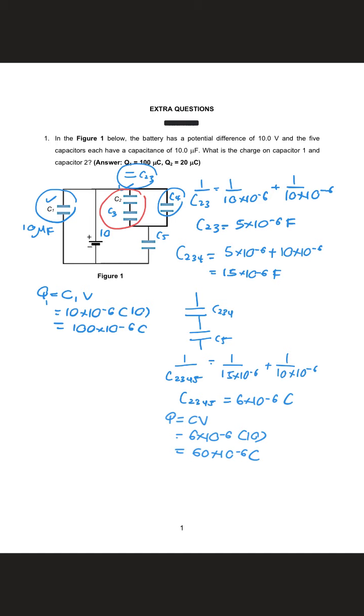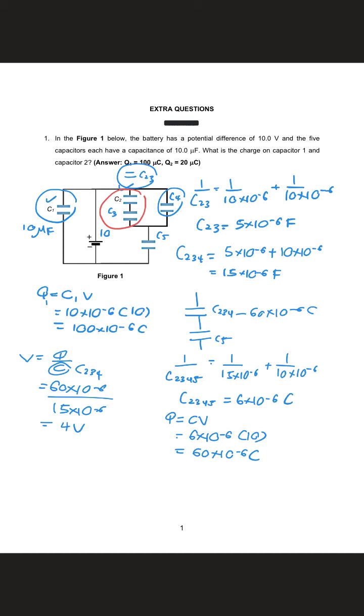Since we know the charge of C234 is 60 power of -6 coulomb, you can find the voltage there using V equals Q over C. Q is 60 power of -6, and C is the combination C234, which is 15 power of -6. So you get 4 volts.